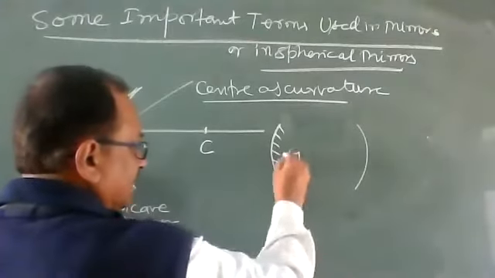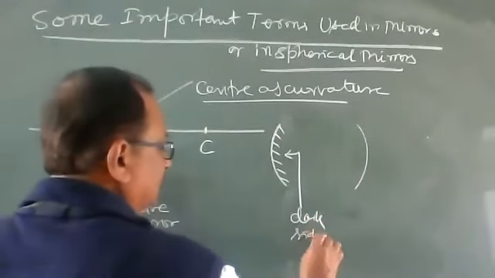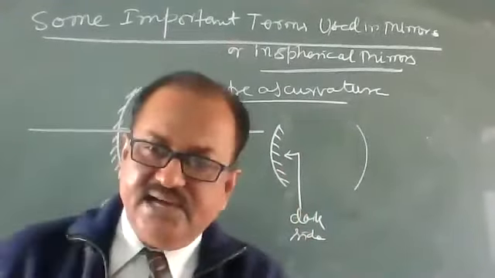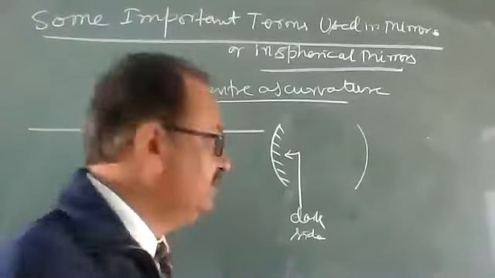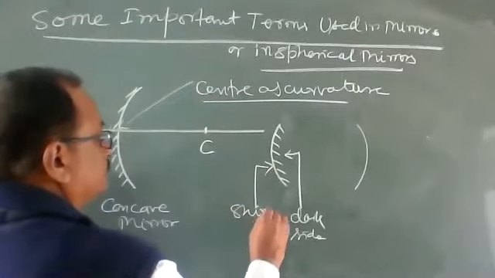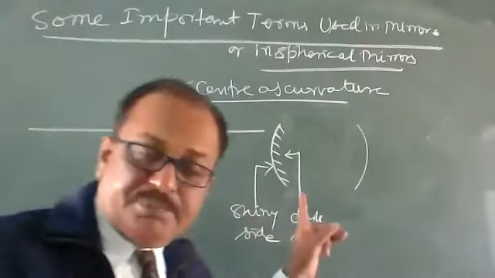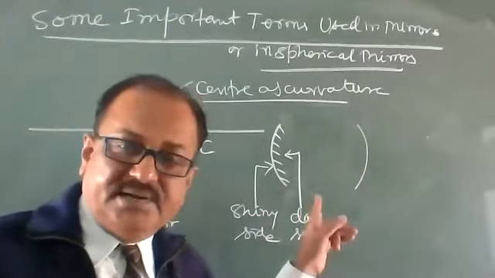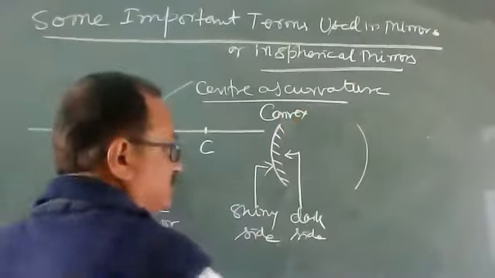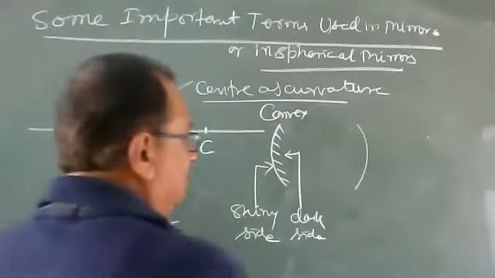This is the dark side, and it is pushed inside, and this is the shiny side. So which type of mirror is this? This is a convex mirror. Is that clear?